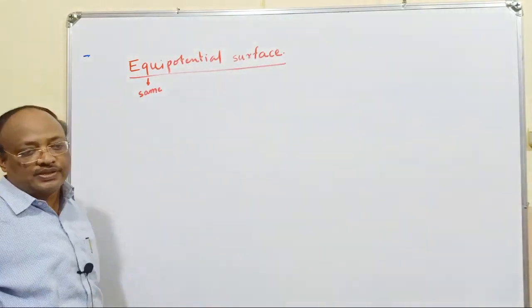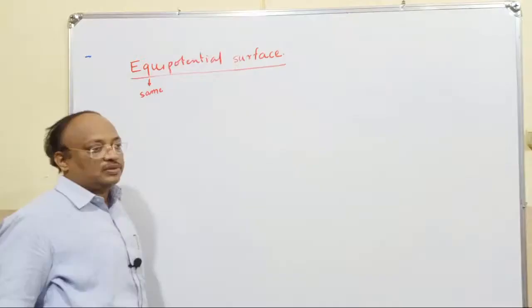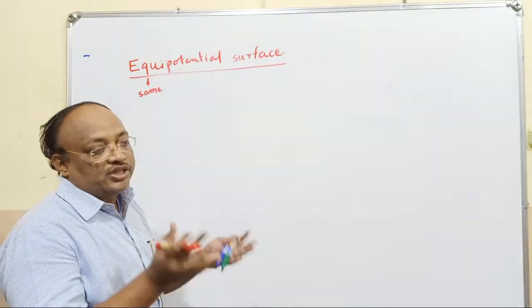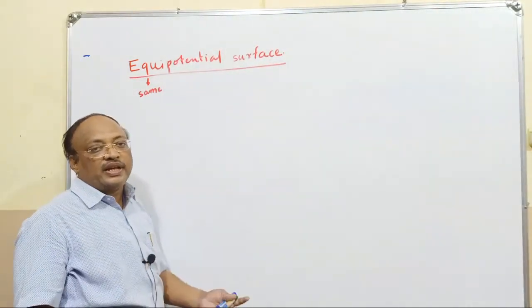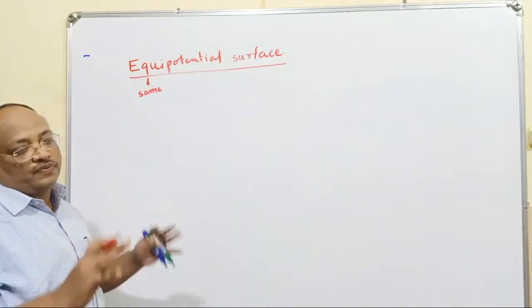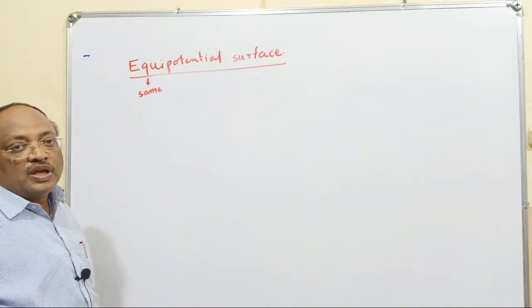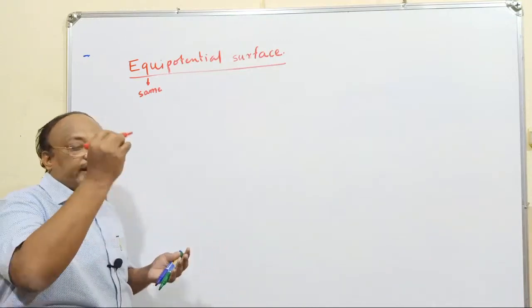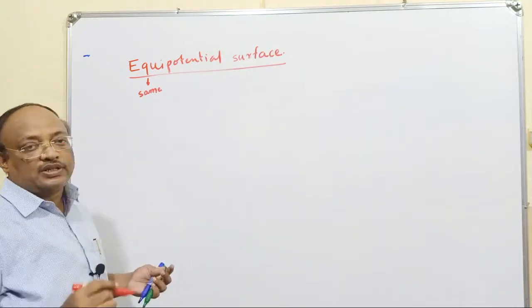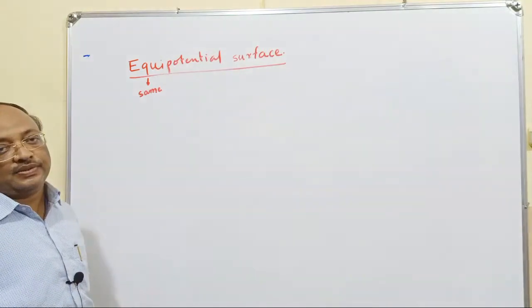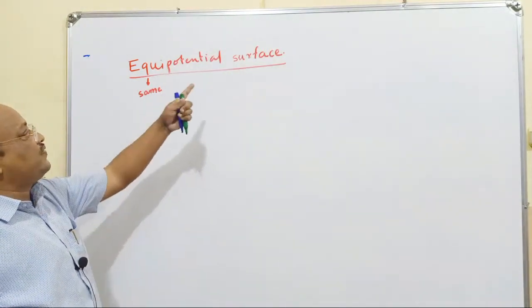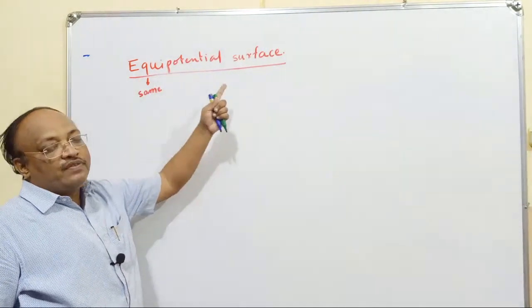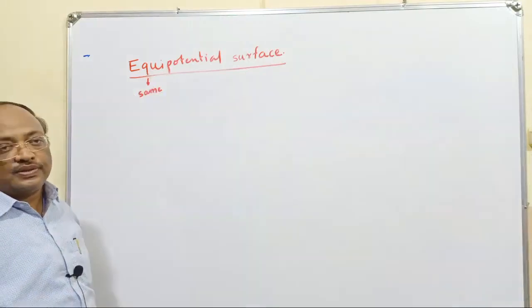Any surface which has the same potential, whether imaginary or real, at each and every point of its surface, we say as an equipotential surface.